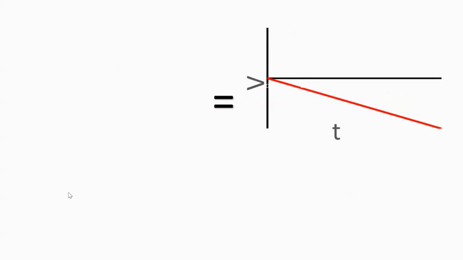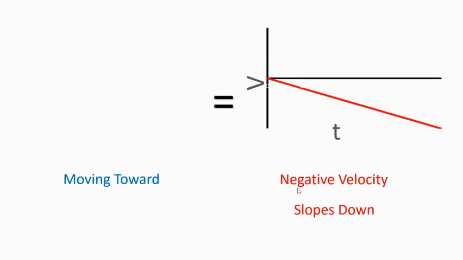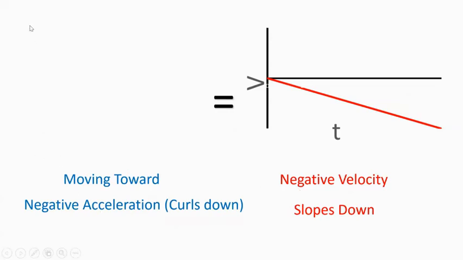This time the velocity is negative because it's all in the bottom half. But this time, unlike last time, it's sloping down, which means you must have a negative acceleration. So this position graph is going to have a line moving towards the bottom because it's negative velocity, but also curling down, not up.